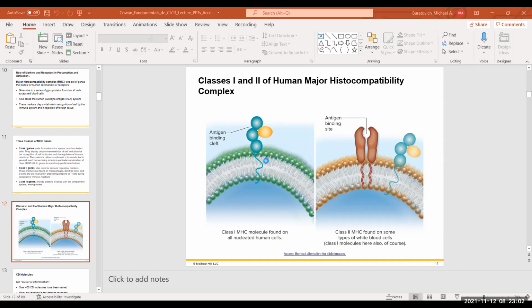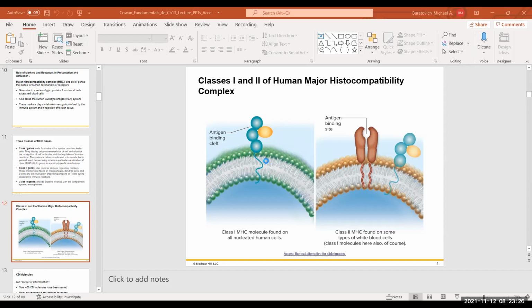With the beta chain, you have 52 different variable segments. And then you have a diversity segment next to these different joining segments. You have 6 of those with a particular type of constant region. And then a second diversity chain with 7 different of those joining chains.